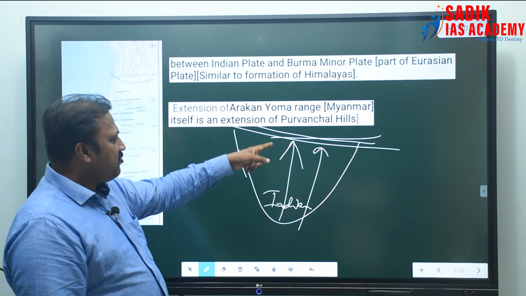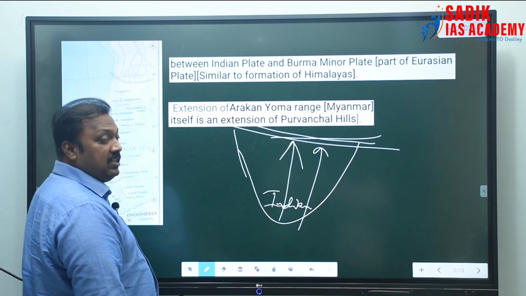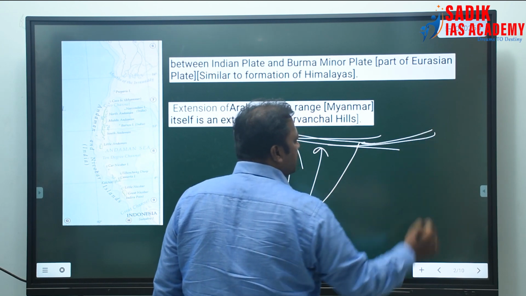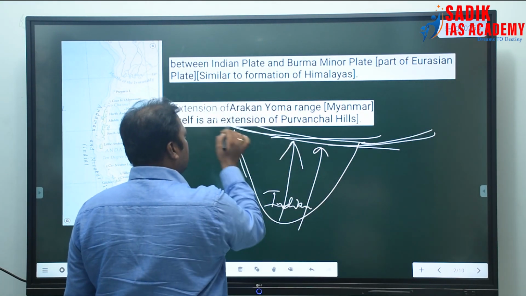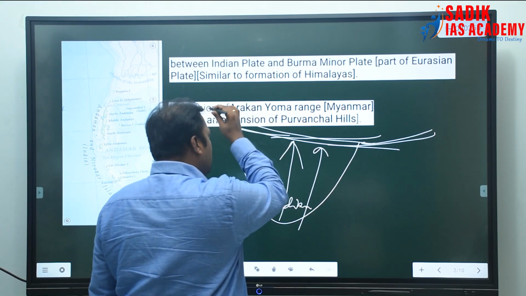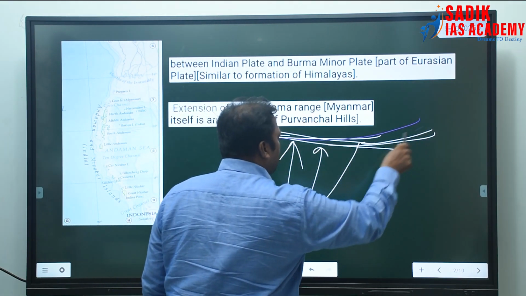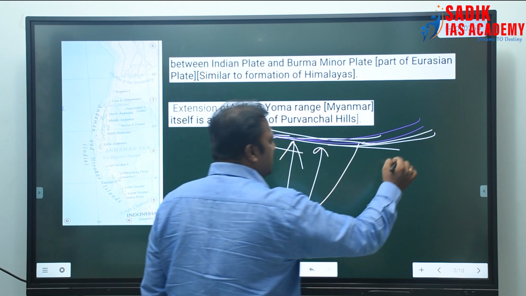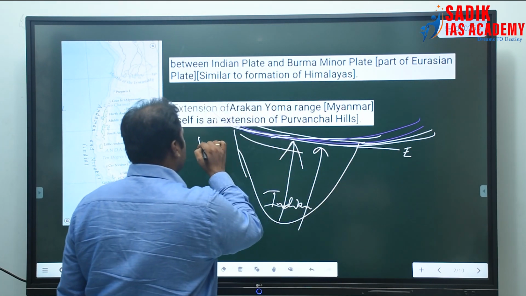So the Himalayas are formed because of the pressure of the Indian plate. Now in the eastern part of India, we have the eastern Himalayas. In the west, we have the western Himalayas. So the Himalayas are arc-shaped mountains. You all know it is an arc-shaped mountain. So there is pressure both in the east and in the west.